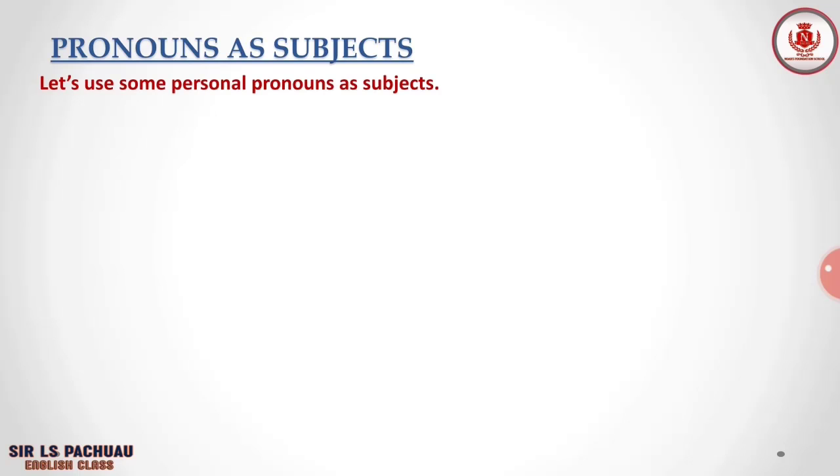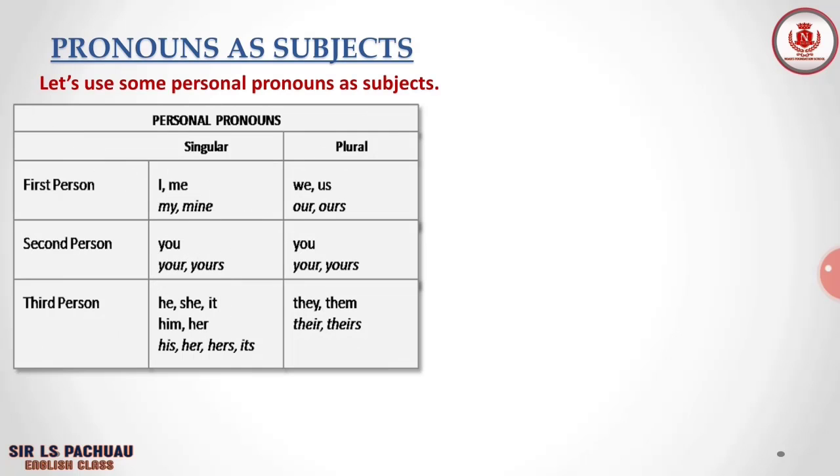Okay, pronouns as subjects. Let's use some personal pronouns as subjects. Like the previous slide, we have subject plus verb plus object again. Here I is the subject, and it's a first person singular pronoun.